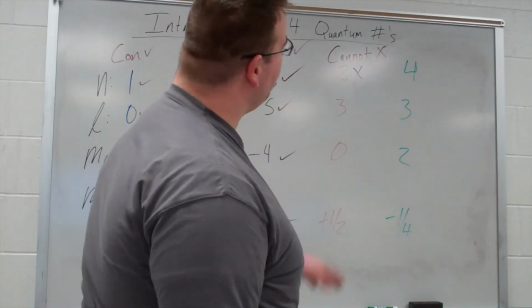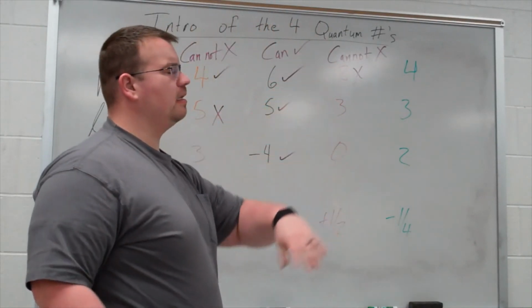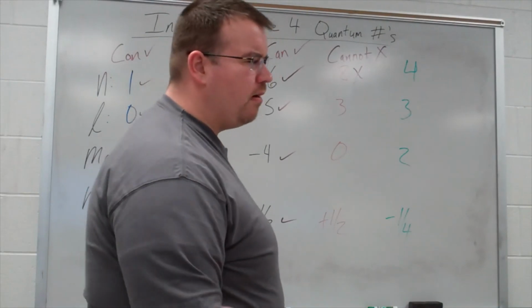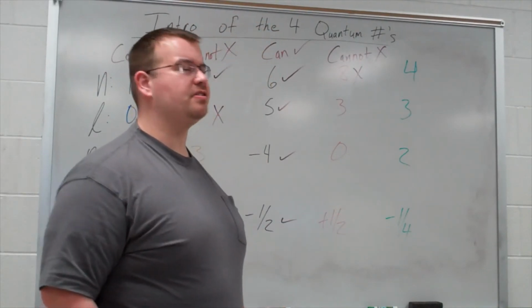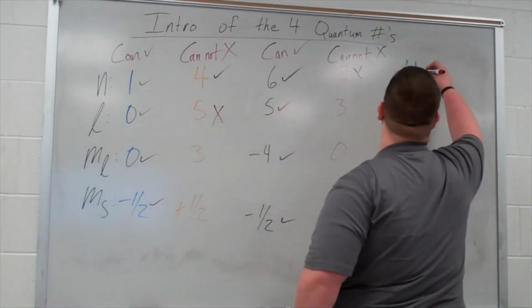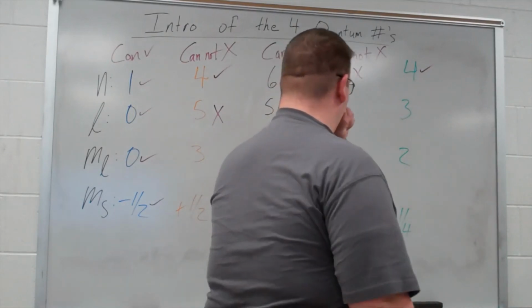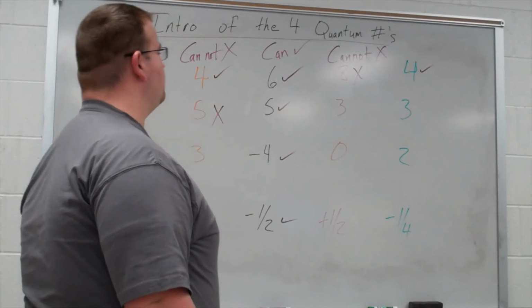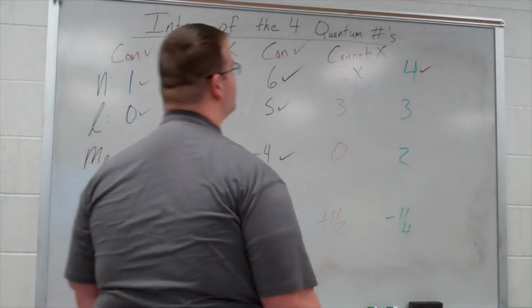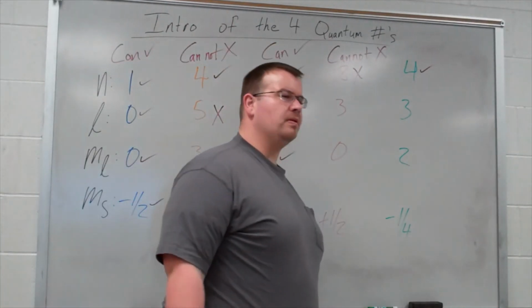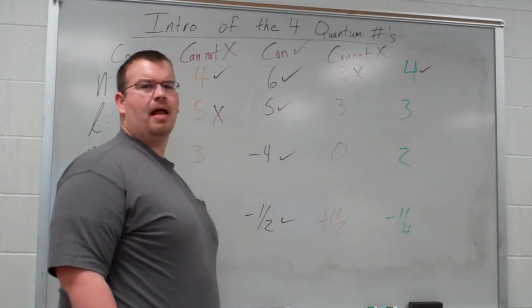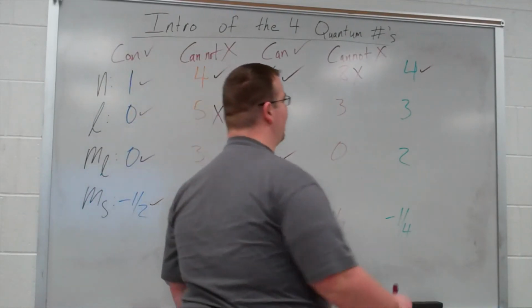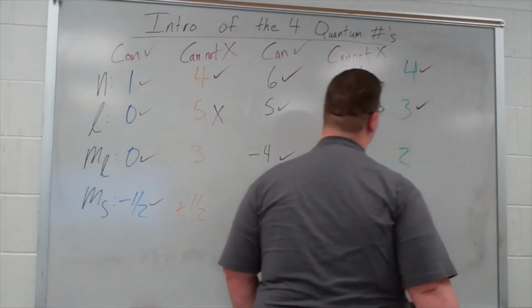Let's look at the last set of numbers, the ones in green. n is 4. Can n be 4? It's between 1 and 7, it's a whole number. Yes. Let's look at the angular momentum quantum number. L is 3. Does that fall between 0 and n minus 1? Yes, so that can also exist.